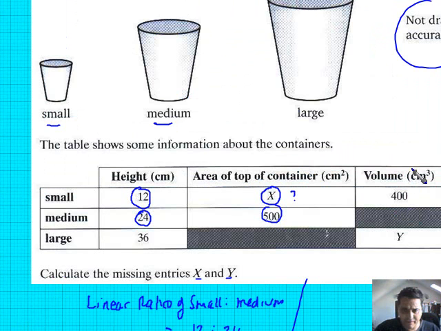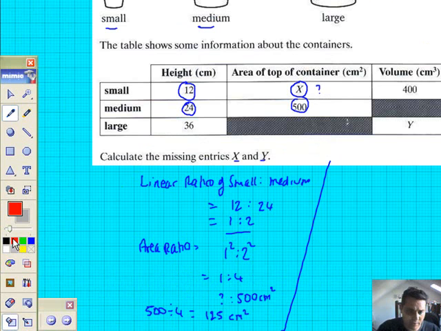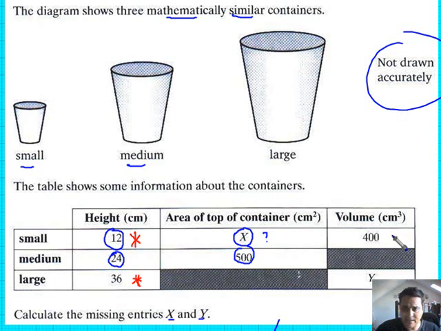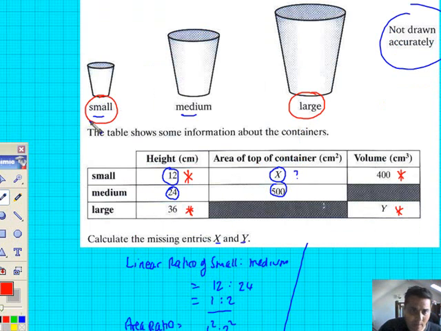I've got to work out the volume of the largest one. Now, what have I got? Let's work in red for a minute. I've got a linear ratio, in other words the 12 and the 36, and that's going to link in with the volume ratio of the 400 for the small one, and Y, the volume of the biggest cup that we've got. So I'm now working with that one and that one, aren't I?